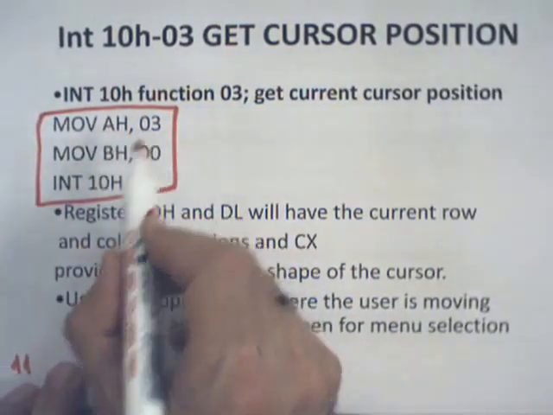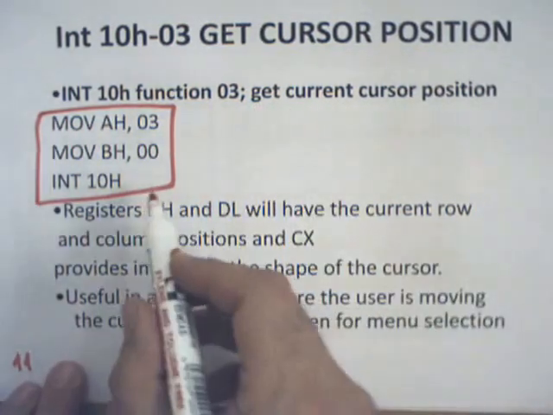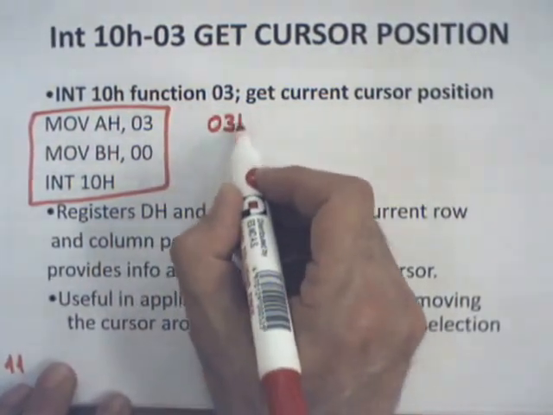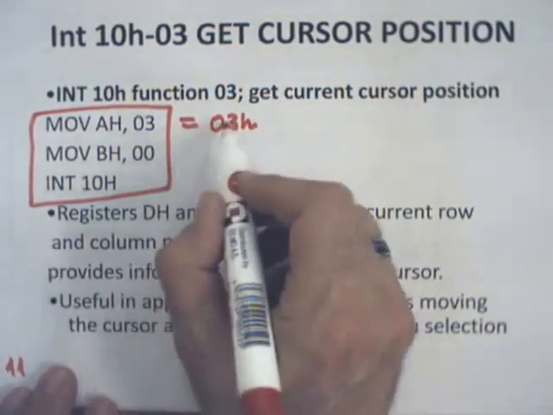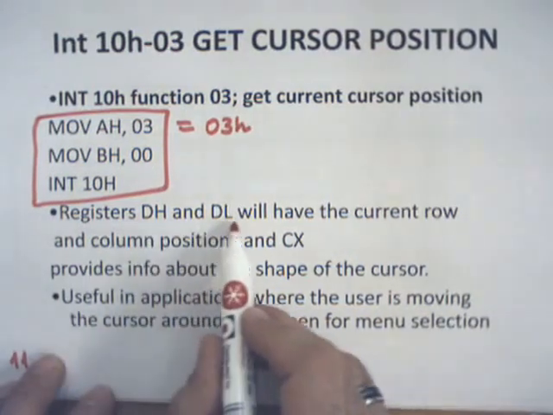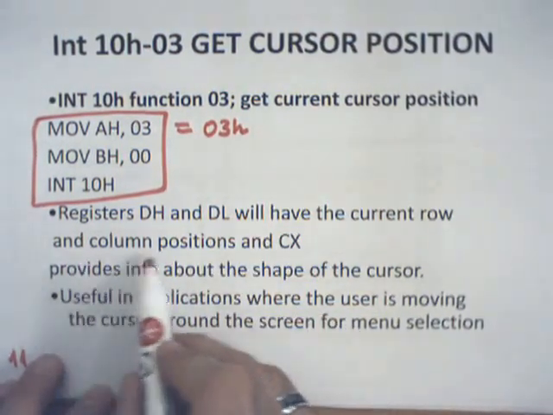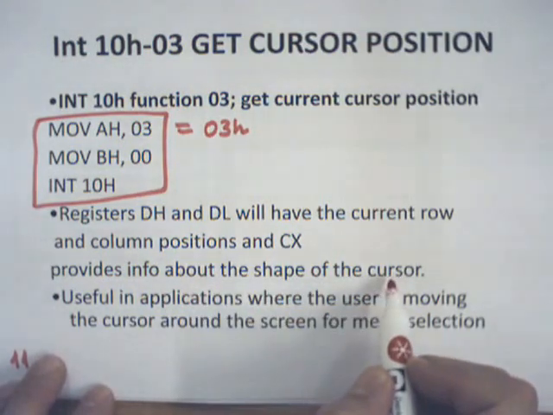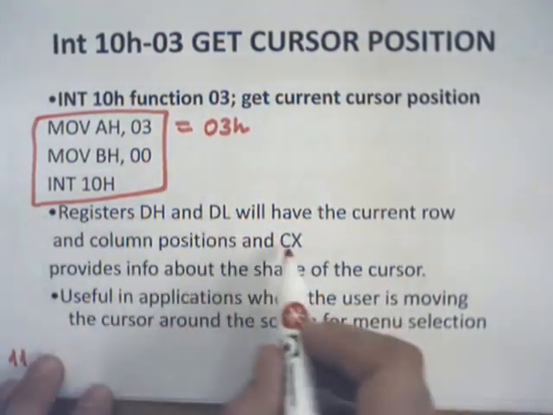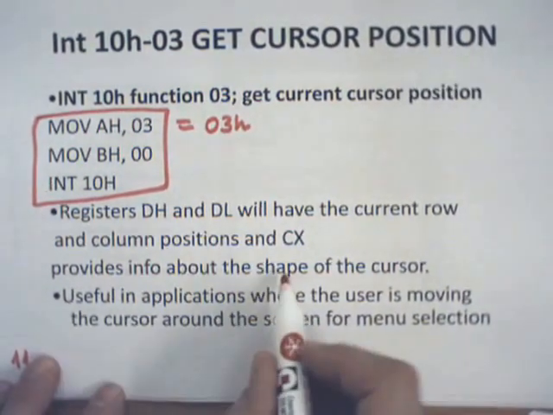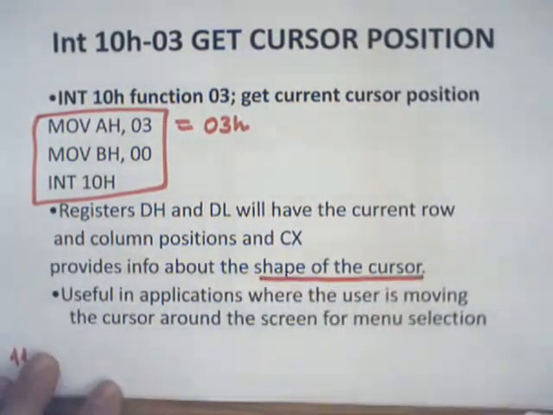MOV AH, 03, MOV BH, 00. This is also equivalent to this, because decimal and hexadecimal 03 are the same. Registers DH and DL will have the current row and position, and CX provides information about the shape of the cursor. So if we add more values to these registers, then we change the shape of the cursor.